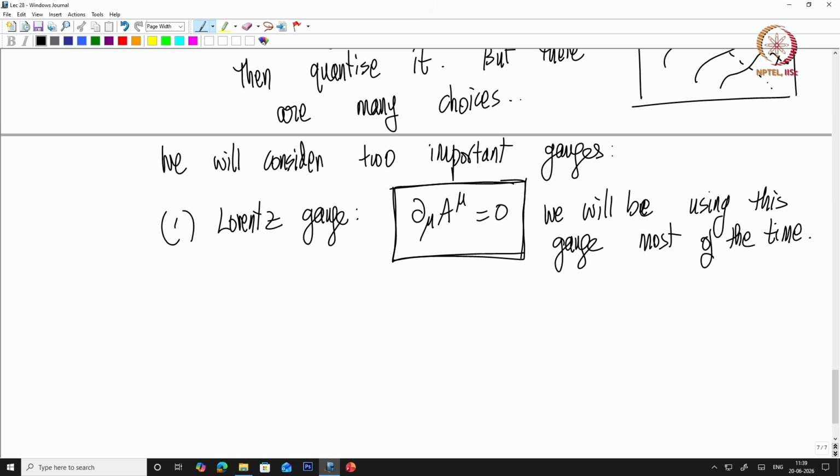Okay. So, we can always pick a representative, we can choose a configuration of A mu which satisfies this.